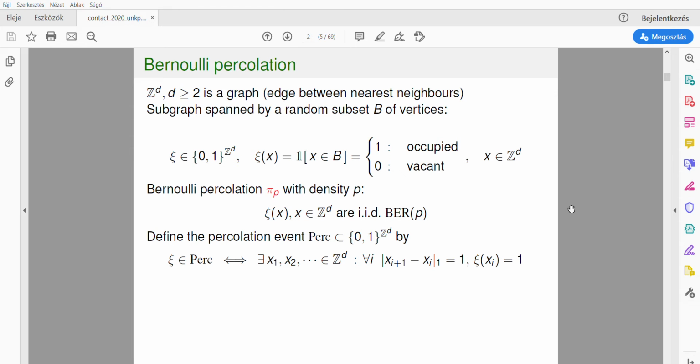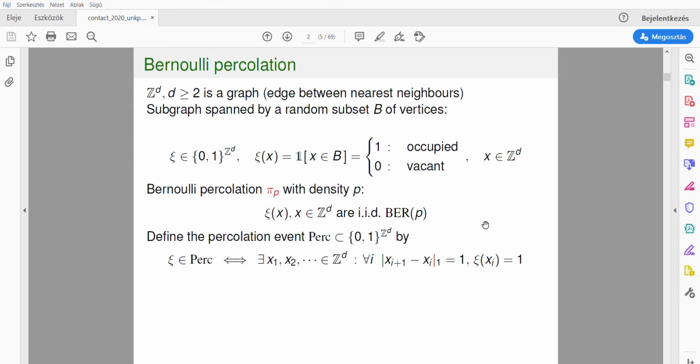So this is a nearest neighbor path in Z^d such that for all values of i, if you look at site xi, then its Xi value is equal to 1. So if it's occupied, if there is a path such that all of the vertices of this path are occupied, then I say that this configuration is in the percolation event, so percolation occurs.